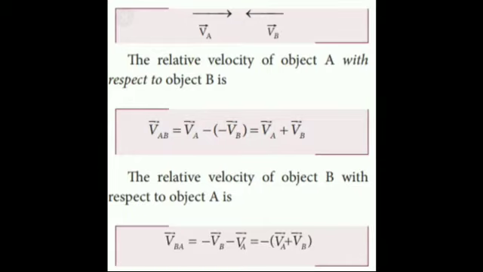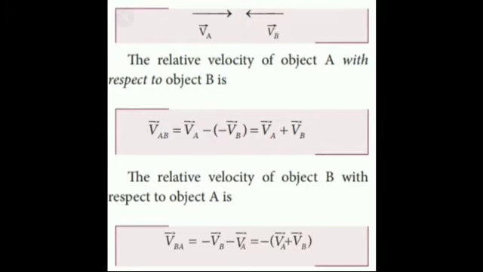Case 1. Consider two objects A and B moving with uniform velocities VA and VB in the same direction, vector VA and vector VB with respect to the ground.